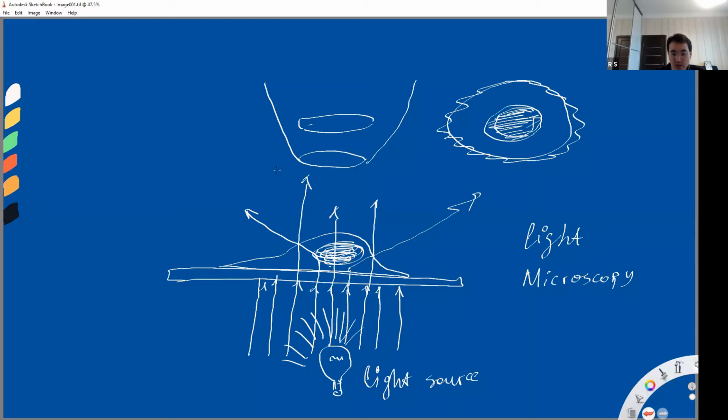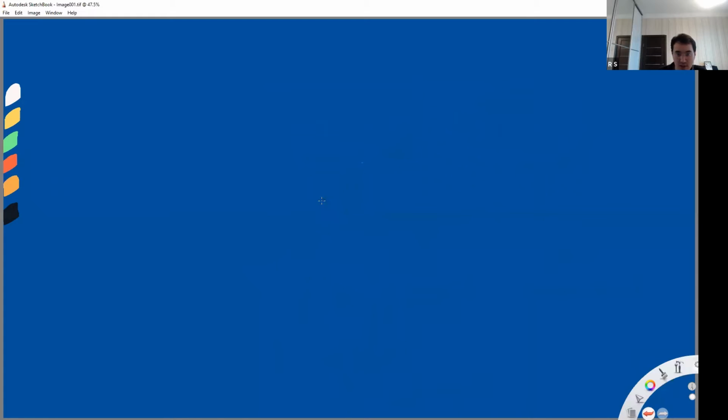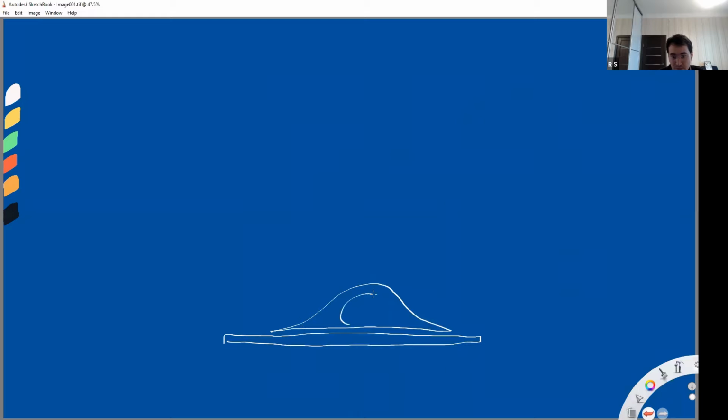Okay, so then we switch to electron microscopy. In this case, we have a sample that is placed on the stage. And we have the source of accelerated electrons.